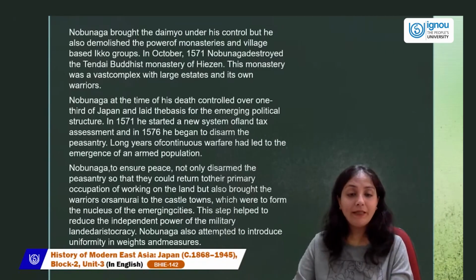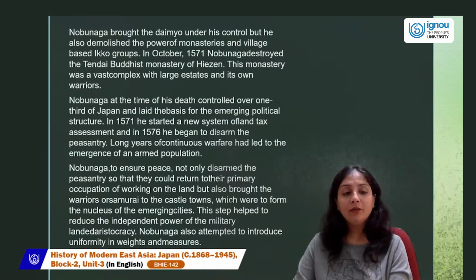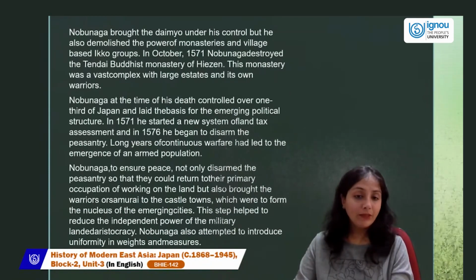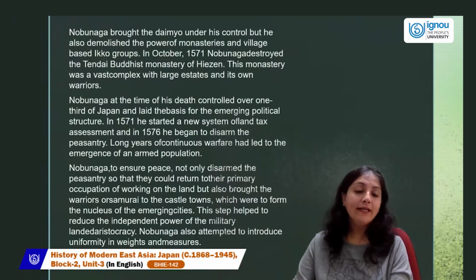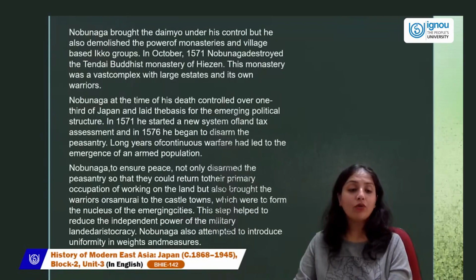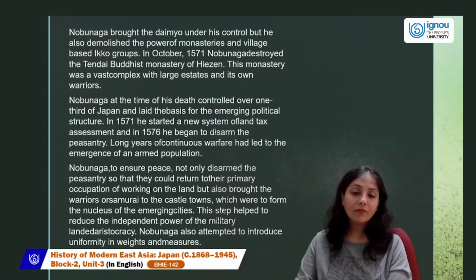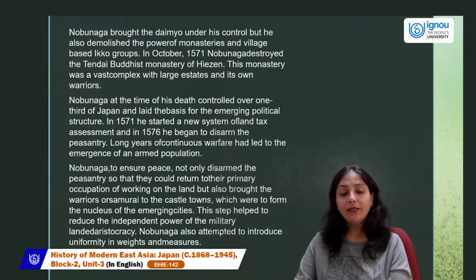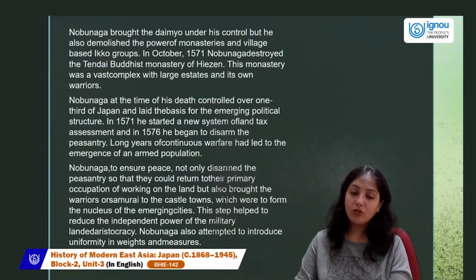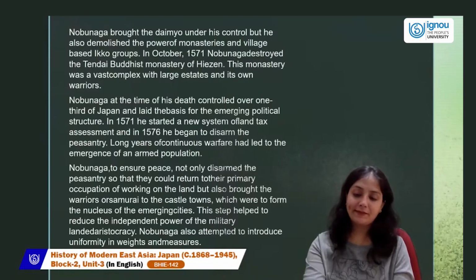To ensure peace, Nobunaga not only disarmed the peasantry so that they could return to their primary occupation of working on the land, but also brought the warriors, or samurai, to the castle towns, which were to form the nucleus of emerging cities. This step helped to reduce the independent power of the military land aristocracy. Nobunaga also attempted to introduce uniformity in weights and measures.